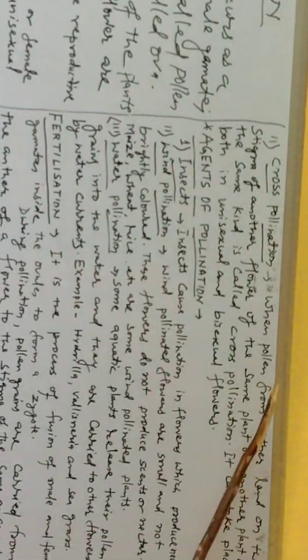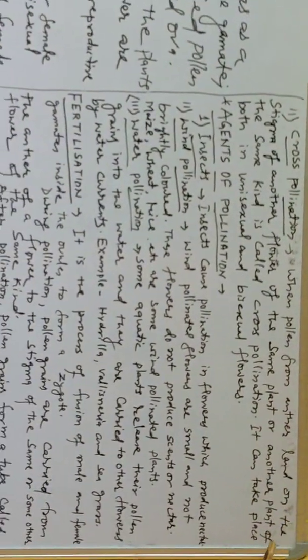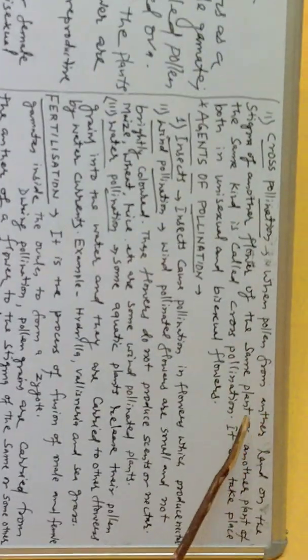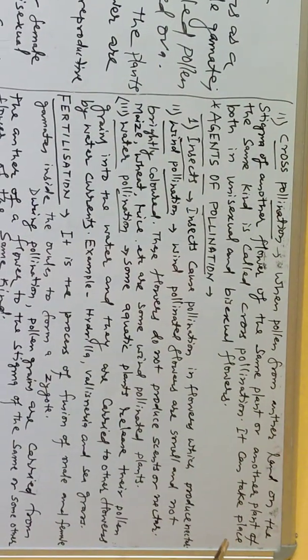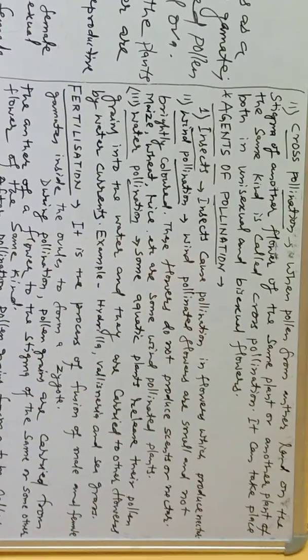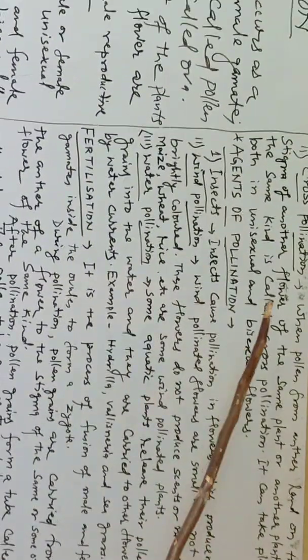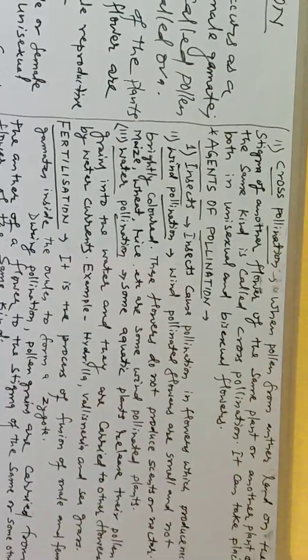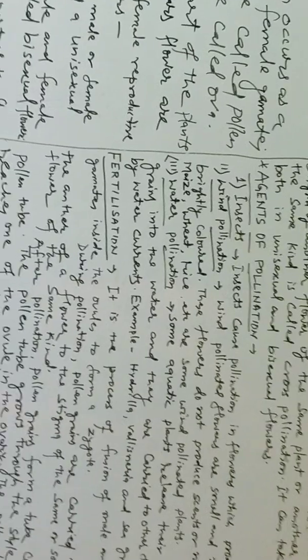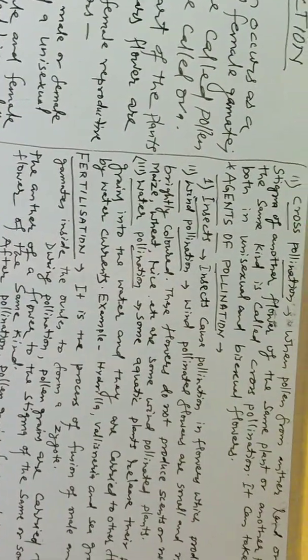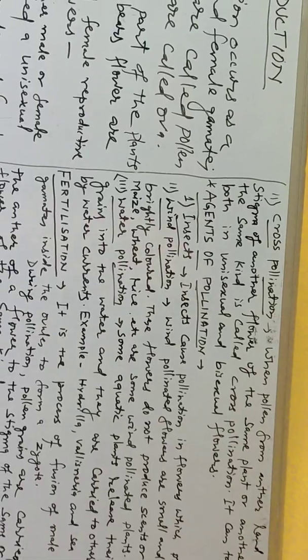Whereas cross-pollination, when pollen from anther lands on the stigma of another flower of the same plant or another plant of the same kind, it is called cross-pollination. It can take place both in unisexual and bisexual flowers. Let us see the diagram of self-pollination and cross-pollination.